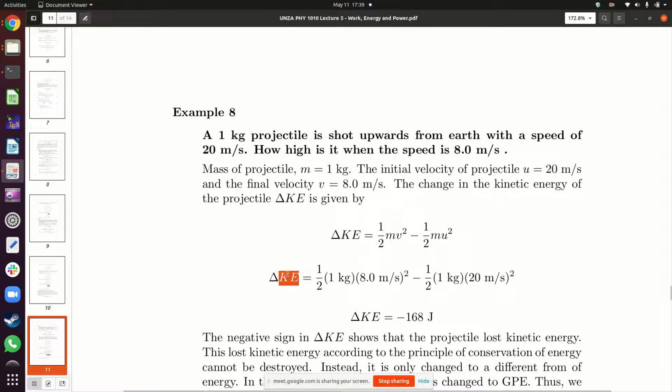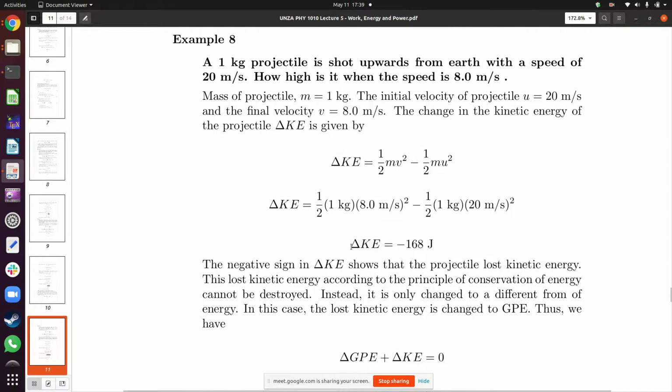So the change in kinetic energy is half multiplied by 1 kg multiplied by 8 meters per second squared, minus half multiplied by 1 kg times 20 meters per second squared. When you work this out, the change in kinetic energy is equal to minus 168 joules. So this is how much the kinetic energy changes. It loses kinetic energy.